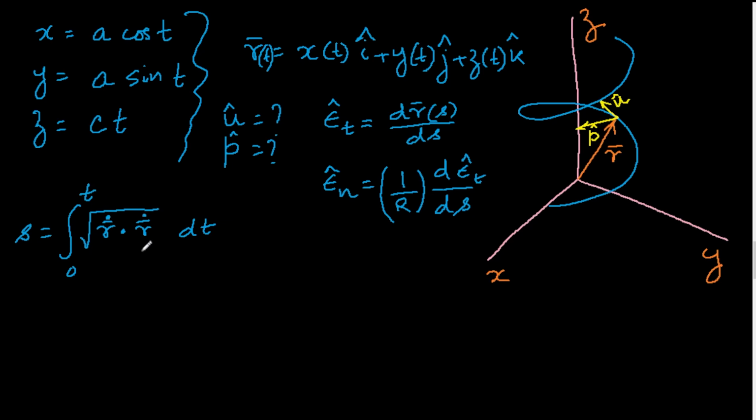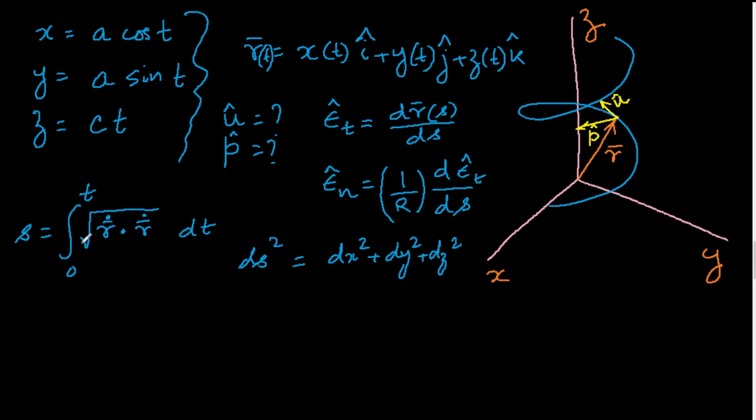So basically this is what you will get. This comes directly from the fact that dx square plus dy square plus dz square. So from there you can get this.